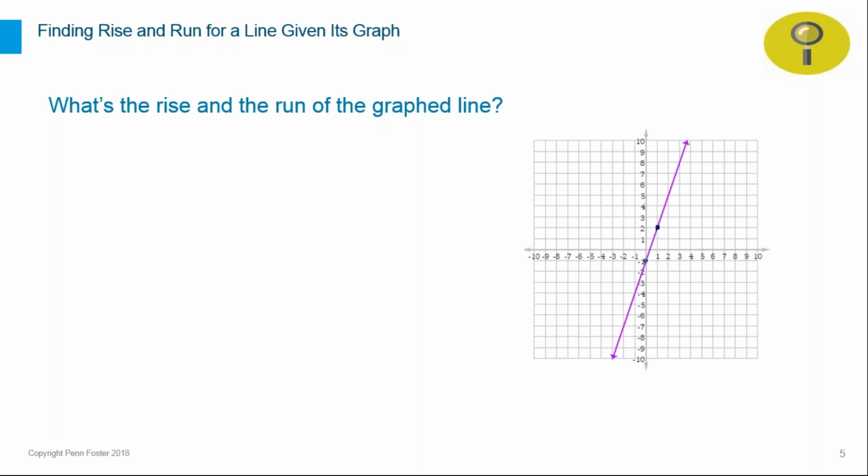So we can go 1, 2, 3 up. That is the rise. So 3 for the rise. And then from there, we go horizontally to the right 1 unit, and that would be the run, 1. That is the run.